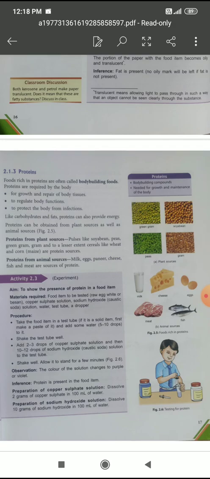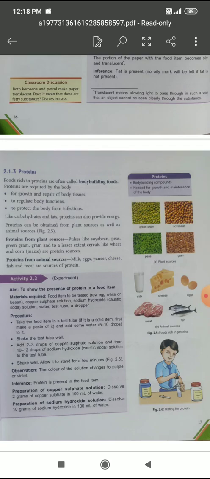These are plant sources. Then proteins from animal sources. Milk, eggs, paneer, cheese, fish and meat are sources of proteins. These are animal sources. Okay children.